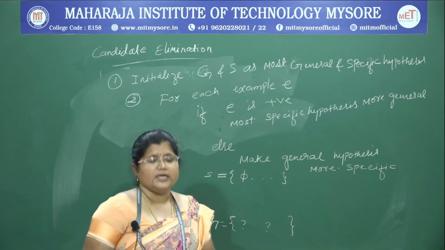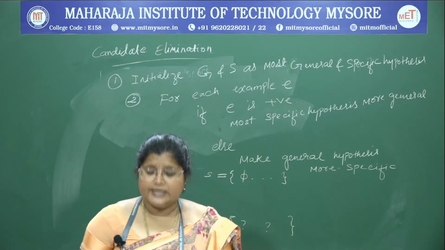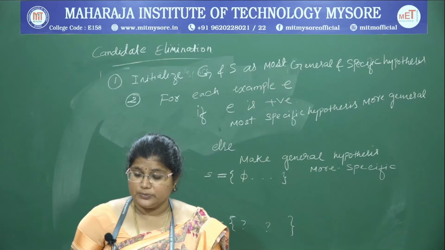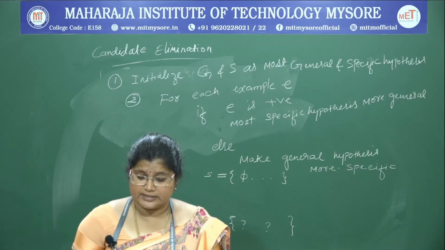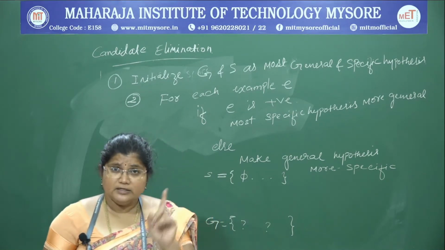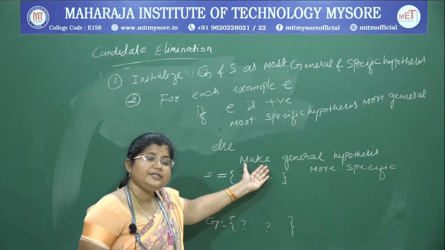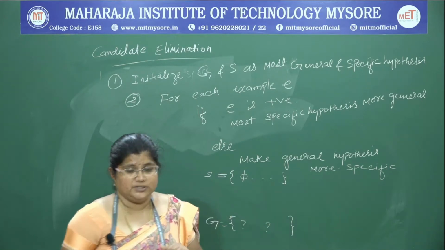See here, the steps are given. For each hypothesis that is not consistent with the training example D, we remove it from the most specific boundary and try to make it a maximally specific hypothesis.